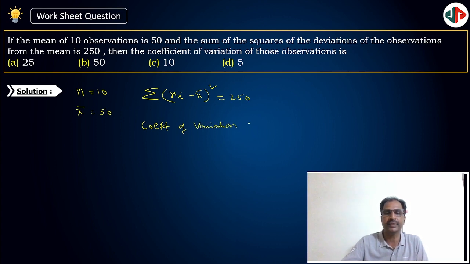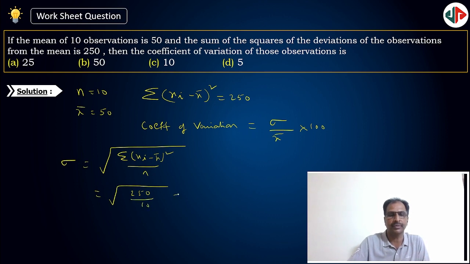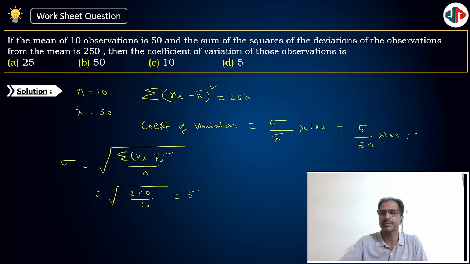The coefficient of variation formula is sigma by x bar into 100, where sigma is the standard deviation. Sigma formula is under root sigma xi minus x bar whole square by n. That is equal to under root 250 by 10, root 25, which is 5. So this is nothing but 5 by 50 into 100, which is 10. Option C.